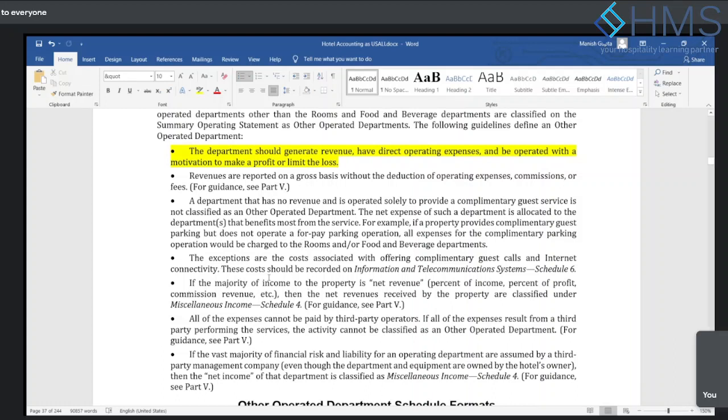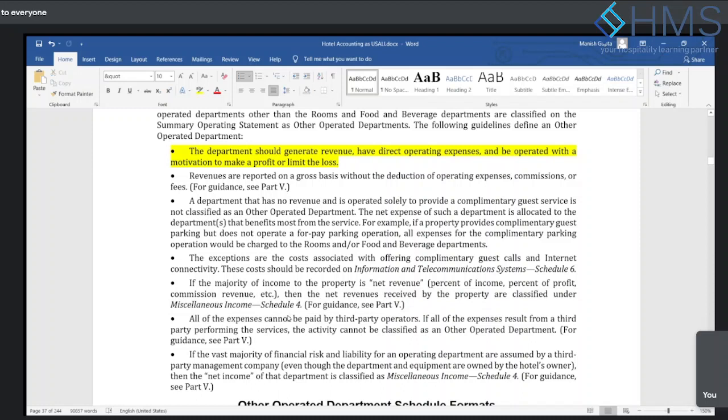Then the other thing is the third party, right? If all the cost related to that department is charged to the third party owner, this point is similar to what we discussed in net revenue: the hotel does not control the performance of the services and also does not take the risk and reward of the department, then it's not a separate operating department.